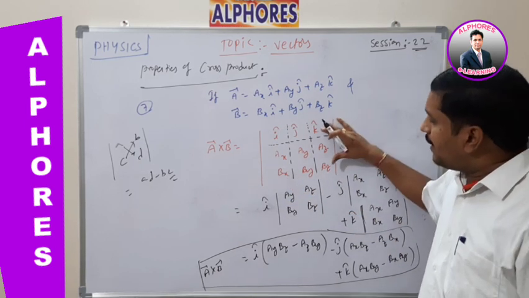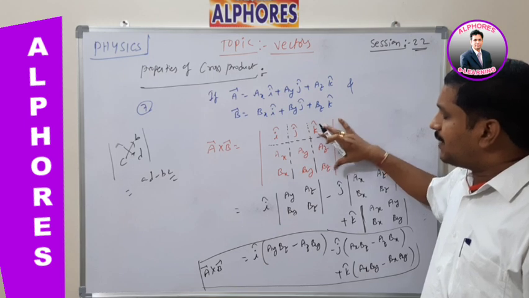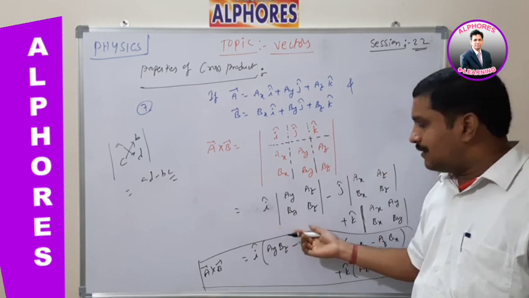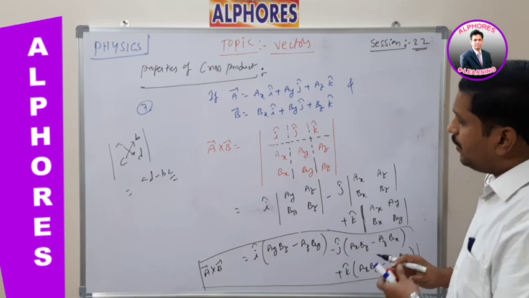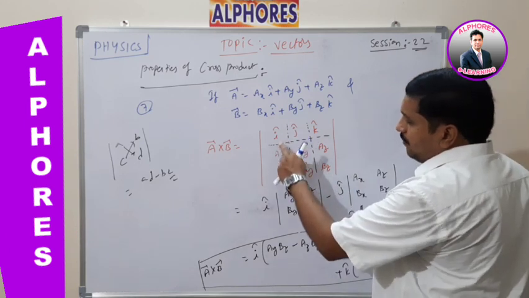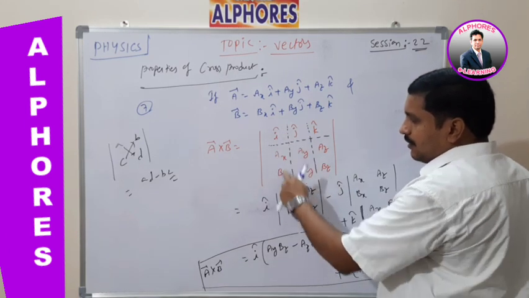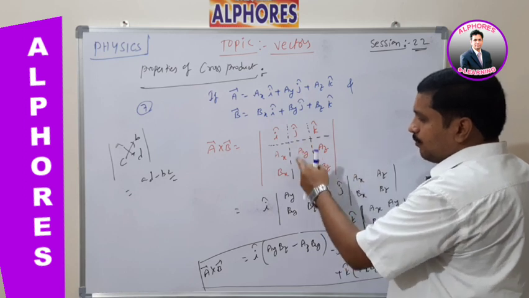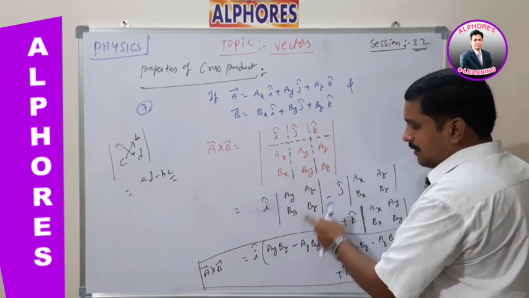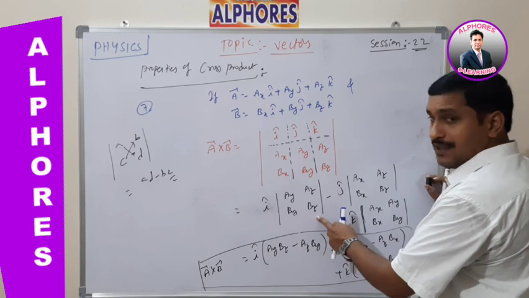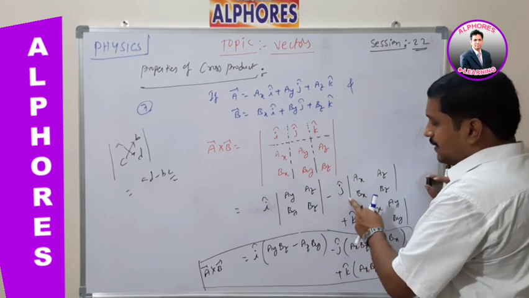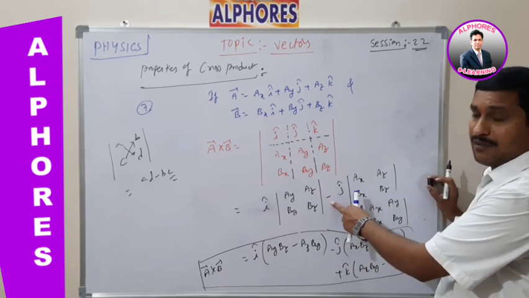Now the determinant of this 3 by 3 matrix can be subdivided into 2 by 2 matrices like this. Here, i cap into: to take this i cap, we have to neglect the first column and first row. What about the remaining 2 by 2 matrix? Ay, Az, By, Bz. Again here minus j cap, this is from the properties of matrices.